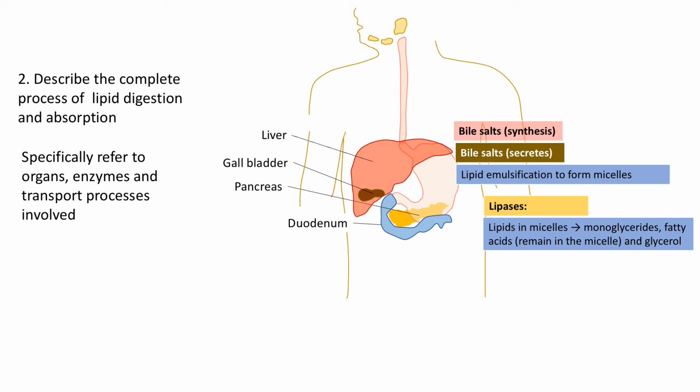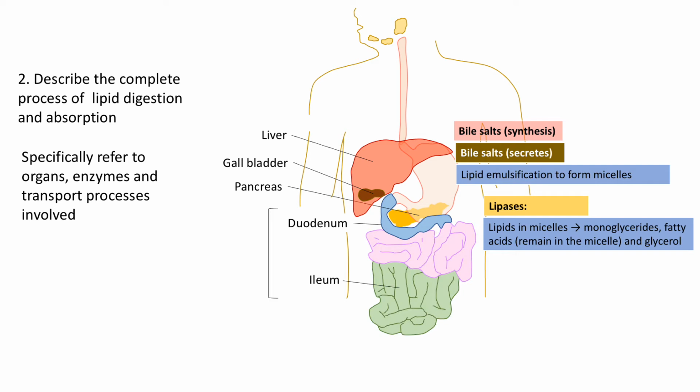Then contractions of the small intestine move these micelles along with the rest of the digestive product, and eventually they reach the ileum. So obviously the duodenum and the ileum are parts of the small intestine, and it's in the ileum where absorption of those lipids occurs. This is the next part you should have described. Let's move on to that.